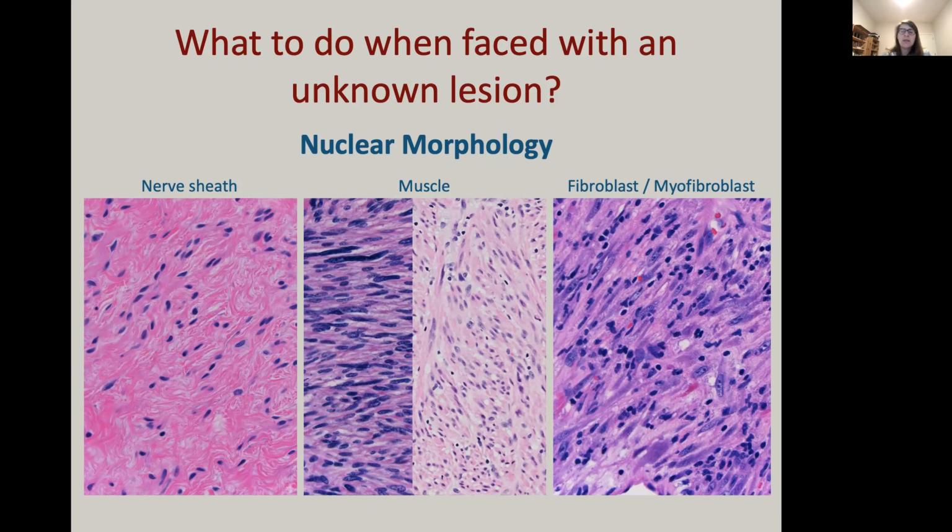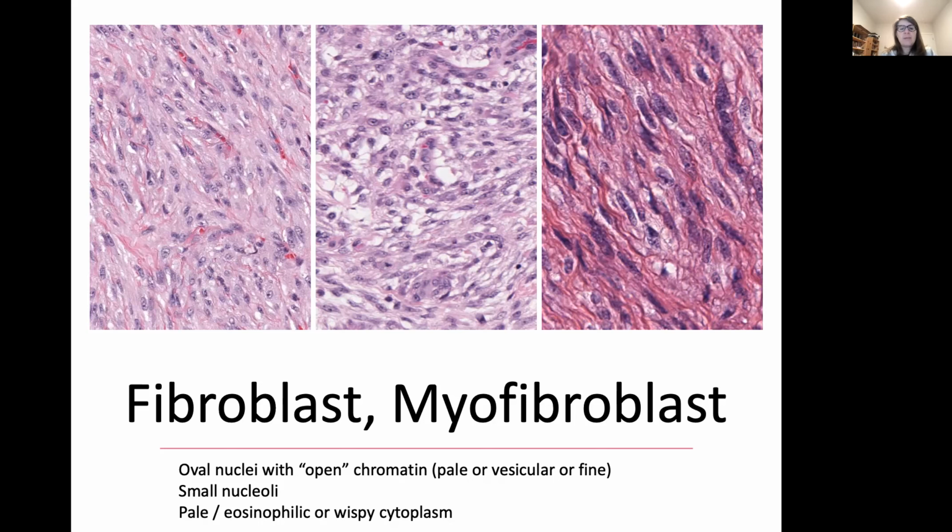If it's a fibroblast or a myofibroblast, you're generally going to have oval nuclei with quote unquote open chromatin, which means very pale, vesicular, or finely stippled, with small nucleoli. Pretty much every one of these cells has a small nucleolus, and they're all very similarly sized. Same here.